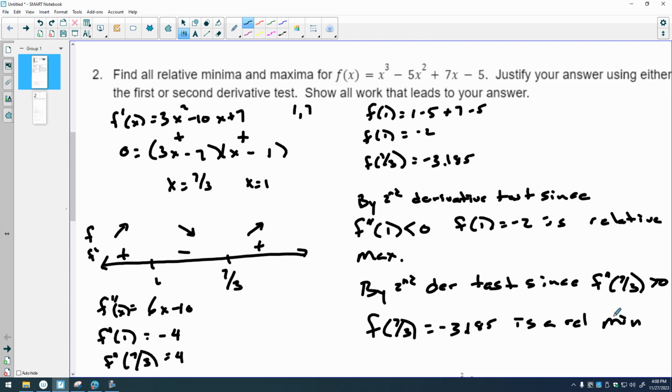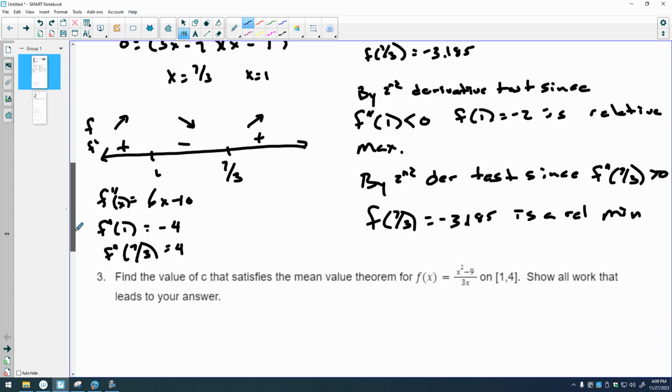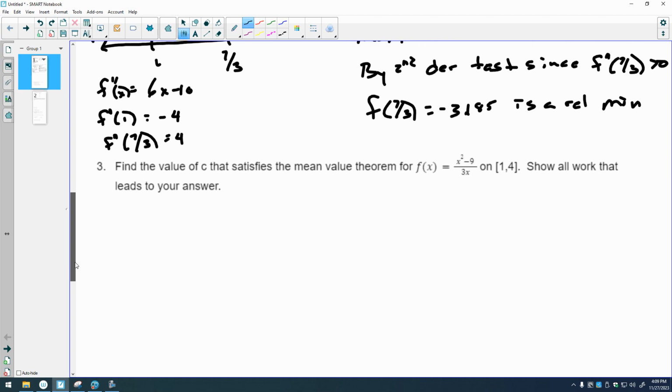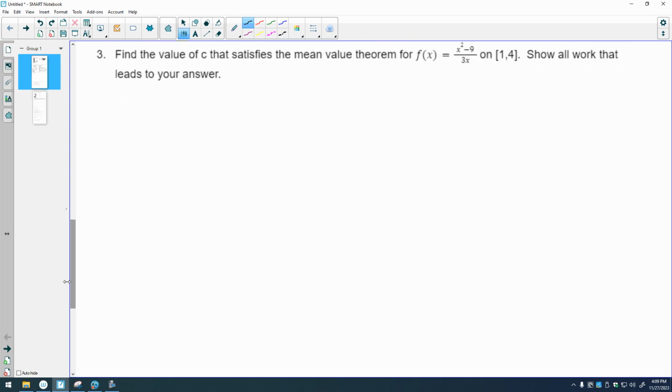This means it's concave up, which makes that a min. This means it's concave down, which makes that a relative max. Two ways of doing it. Okay, I think that's okay. I was super impressed. A lot of you wrote that out very nicely.